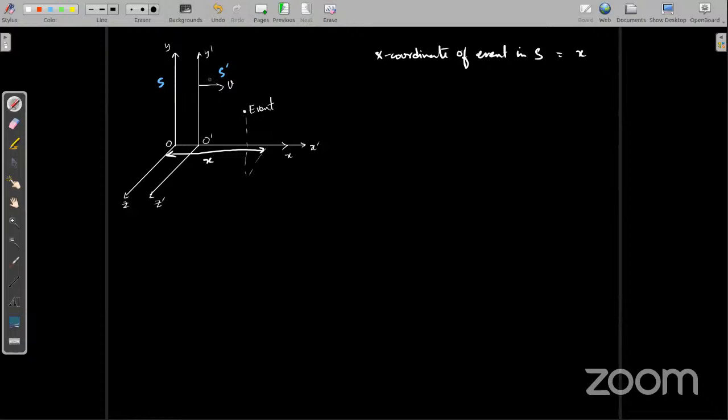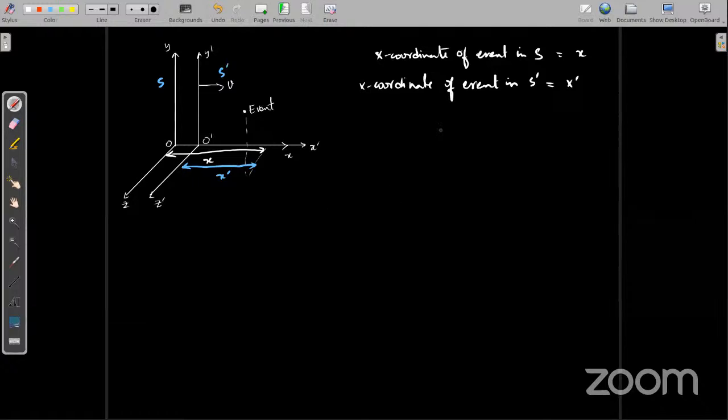Similarly, for someone in S prime, their origin is O prime. So for them, this event is going to be, I'm going to mark it in blue, just this much, and we'll call that x prime. So what I've written here is the x coordinate of the event in S prime, and we call it x prime. Fairly simple. You're just giving locations to those.